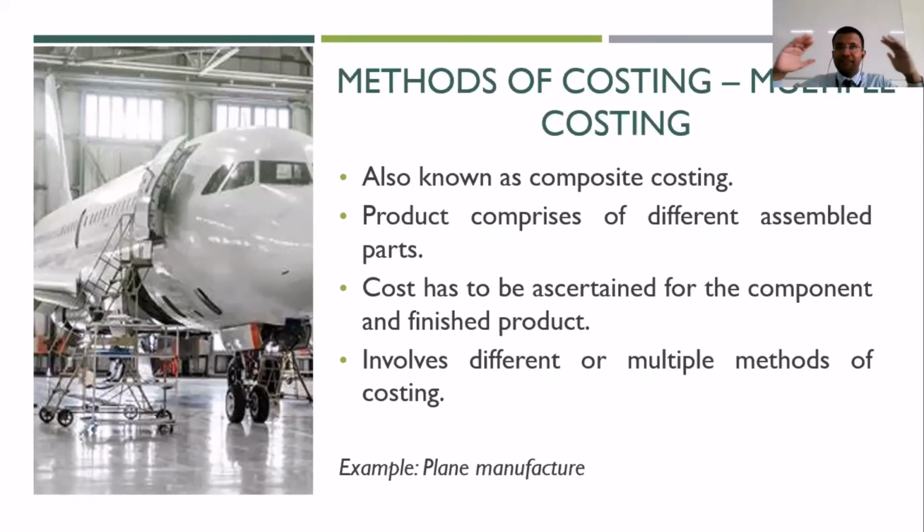For them to get their finished product, they may need multiple components. Because there are multiple components involved, you cannot stick to one method of costing. So you may have to apply multiple methods of costing.